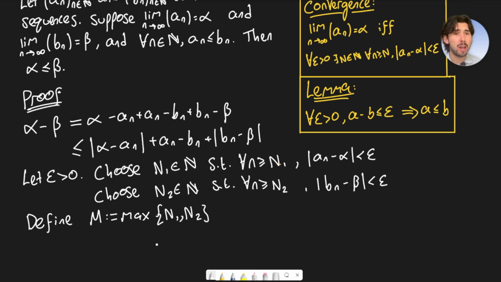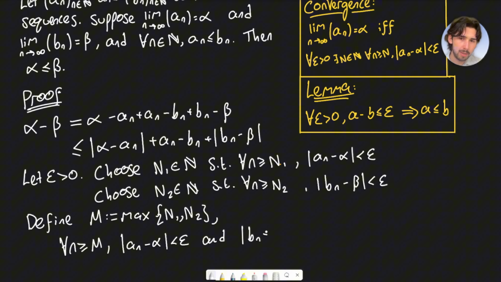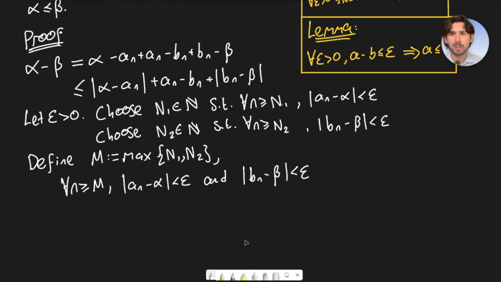So I'm just going to choose whichever one is bigger, and hopefully we can agree that if I choose that, then for all n greater than or equal to capital M, the distance between an and alpha is less than epsilon, and the distance between bn and beta is less than epsilon, because whichever one is bigger, I'm just going to choose that. So whichever one takes longer, let's go with that, and then I'm within a distance of epsilon of both limits. Very common strategy. All right, now let's go back to this line that we had up here, this line here.